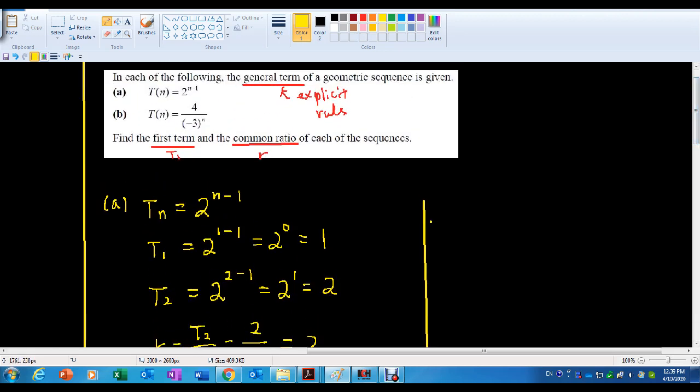Okay, so B is a bit more difficult because there's a minus sign here. So I'm going to give you some time to practise your algebra skills. There are all sorts of negative numbers, positive numbers, and index rules. You might spend about 5 minutes on it. You can pause the video now and spend 5 minutes on the question, and then you can check with my answers, right?